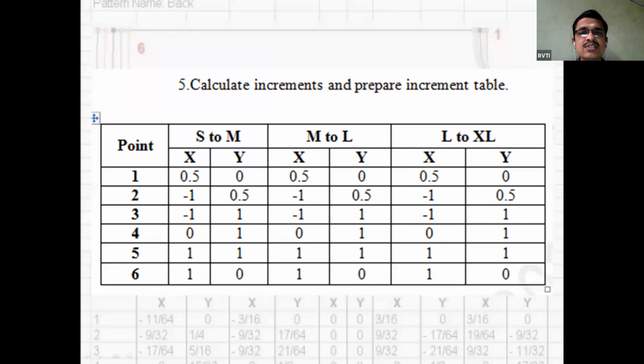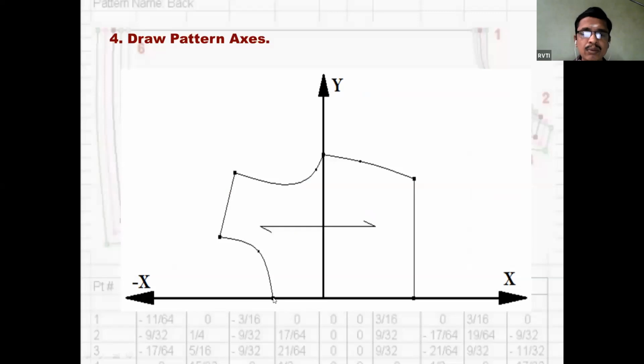Okay. The next step is you have to calculate the increment and prepare the increment table. For each and every point you have to know the direction, minus direction or plus direction. Suppose I'm doing the neck depth, you should know the point movement. If I take this point in S size, then automatically for M size the neck depth will definitely increase.